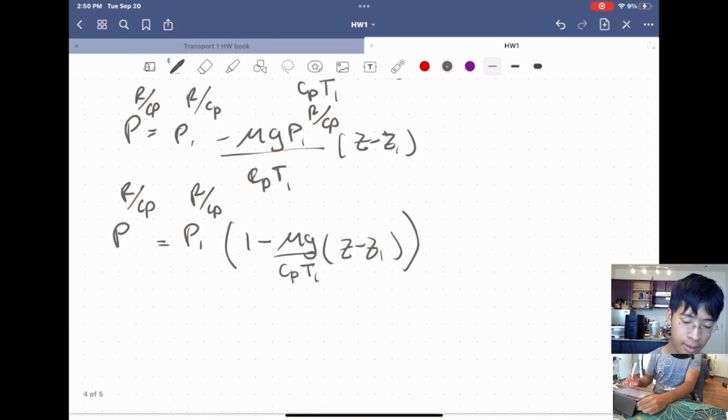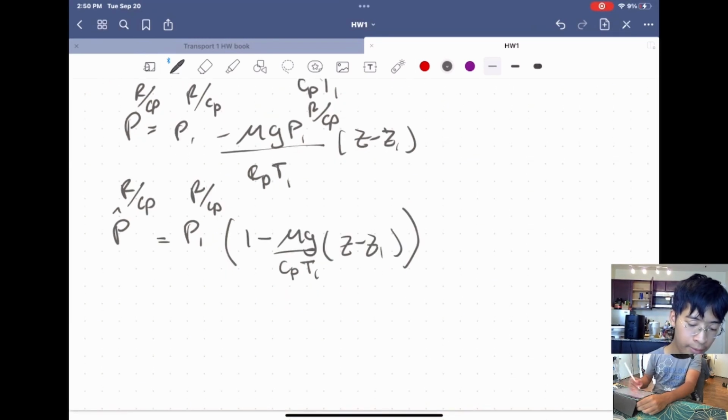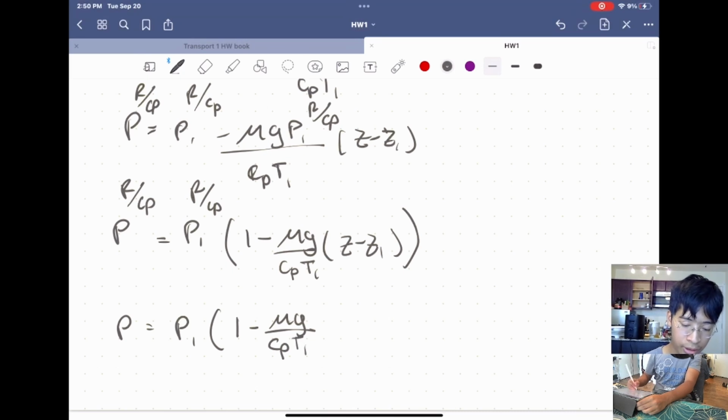We can take the power of the reciprocal to both sides. So we're left with P1 times the quantity 1 minus molar mass times gravitational field constant over heat capacity at constant pressure times known temperature times the change in altitude. And there we have it.